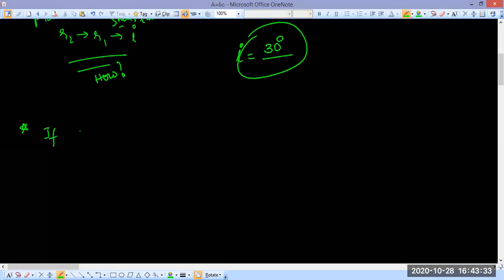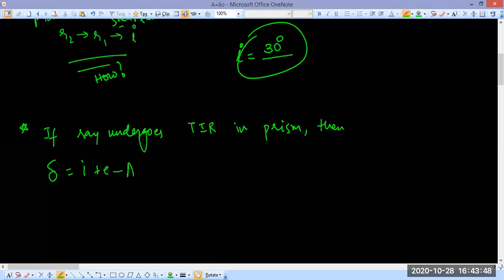If a ray undergoes total internal reflection in a prism, then delta equal to I plus E minus A is not true. You must have got the idea already, because we derived the whole thing from refraction. So please remember this, right?